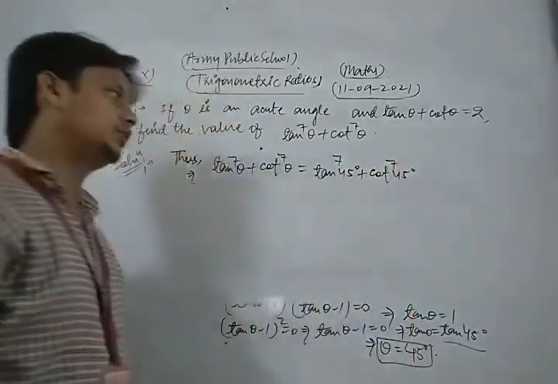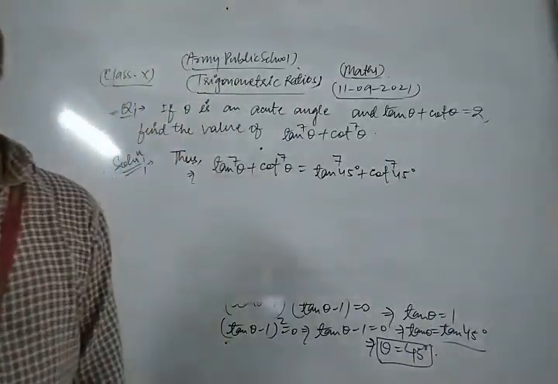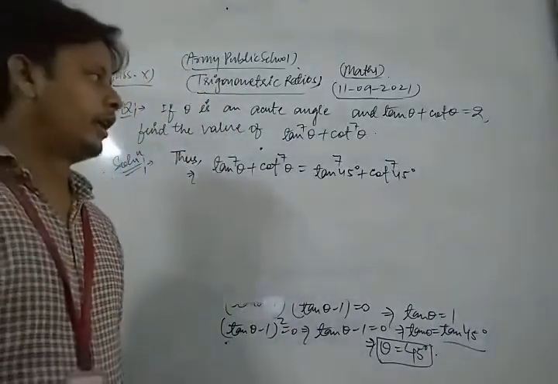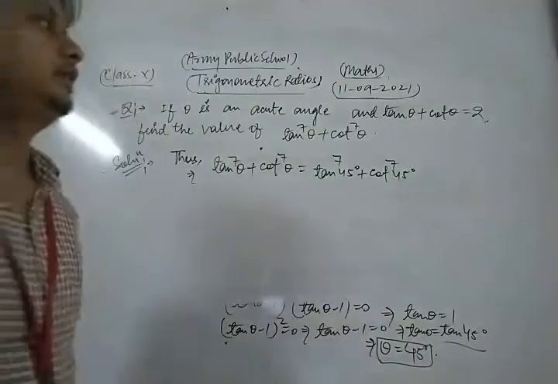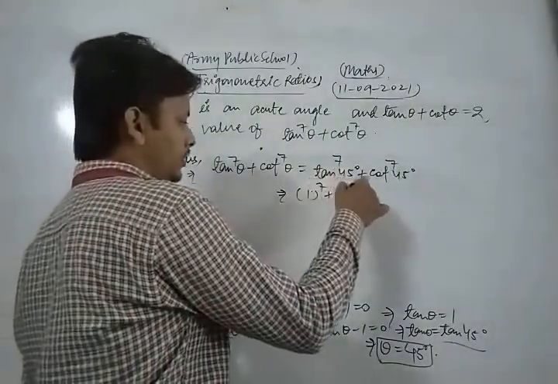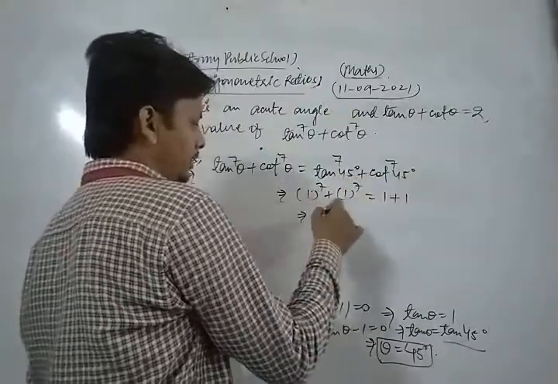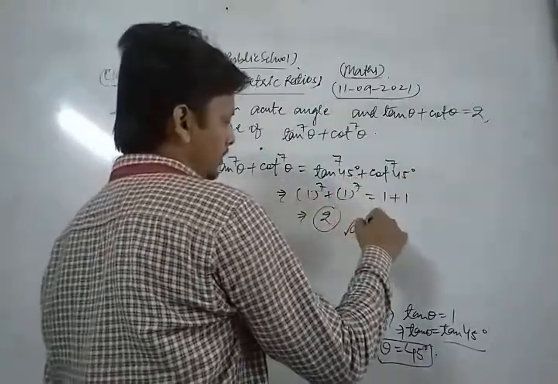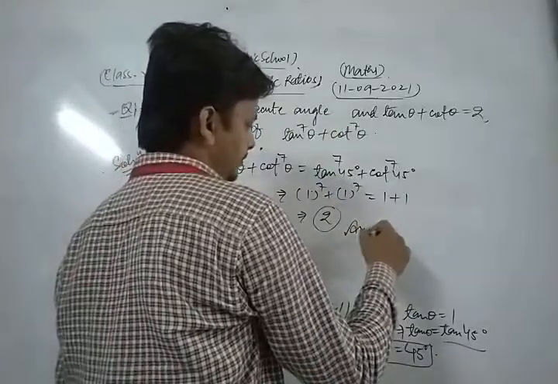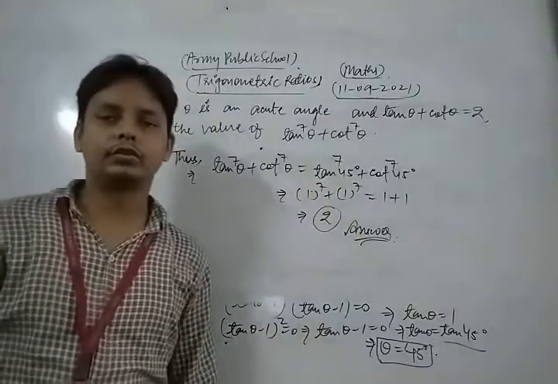The value of tan 45 is 1, and also the value of cot 45 is 1. So we get 1 to the power 7 plus 1 to the power 7, so 1 plus 1, that is 2. This is the required solution of the given question.